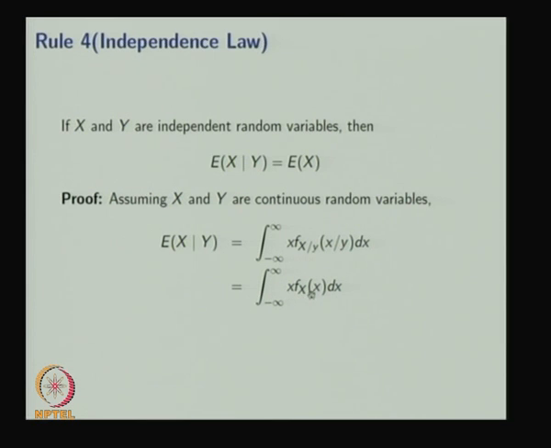So the integral of x times f of x is nothing but the expectation of x. That means if the two random variables are independent, then the conditional expectation is not a random variable, it is a constant, because the right hand side, the expectation of x, is a constant, therefore this is also a constant.